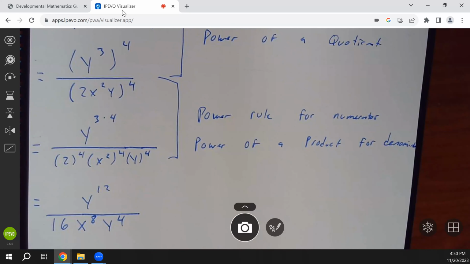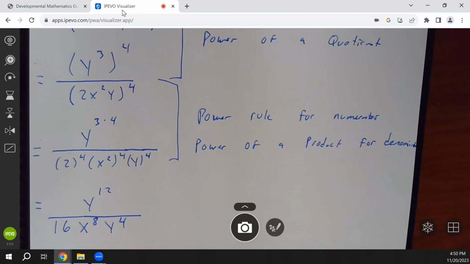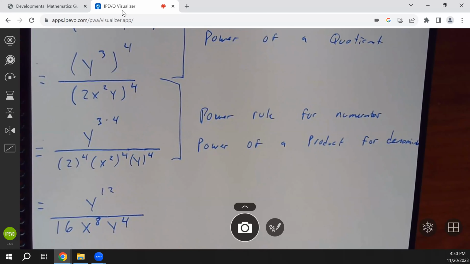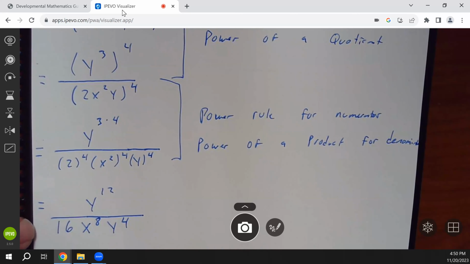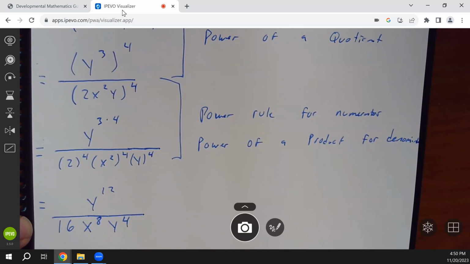Make one of them negative. Yeah, you do that minus thing, right? So y to the 12 divided by y to the 4, you could do this. Does that make sense? Or is that weird? That's better.